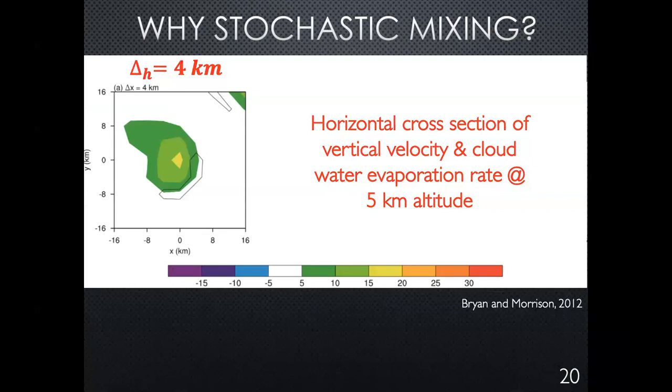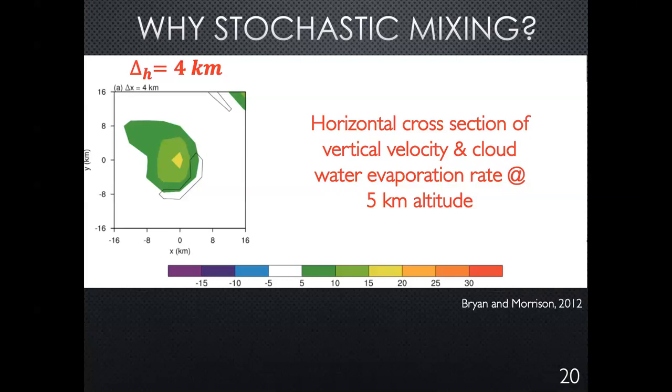This concept originated from a well-established large control of model grid spacing on convective updraft properties. I'll show this, for example, in a paper by George Bryan and Hugh Morrison in 2012, where this is a horizontal cross-section of an idealized squall line at 5 kilometers above ground level with the vertical velocity in color fill and cloud water evaporation rate along the edges of that updraft.